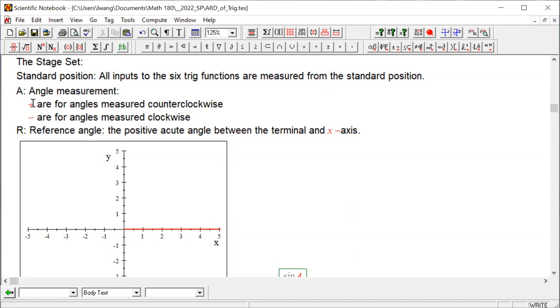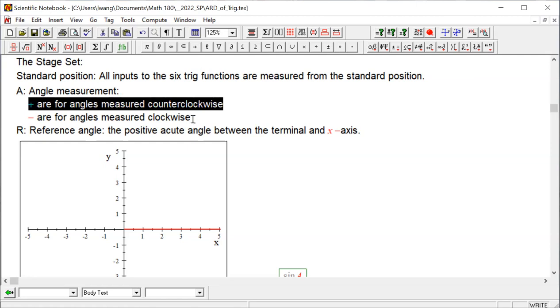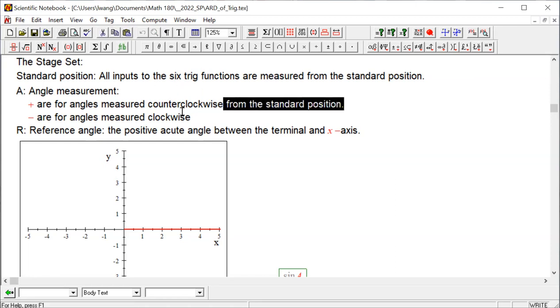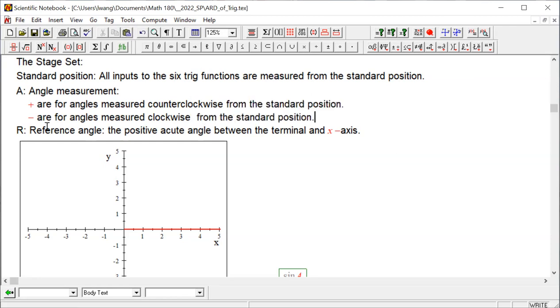Positive angles are measured counterclockwise from the standard position, and negative angles are measured clockwise from the standard position. Both are measured from the standard position, and we know what the standard position is. Next, reference angle. Reference angle is the positive acute angle between the terminal and the x-axis.